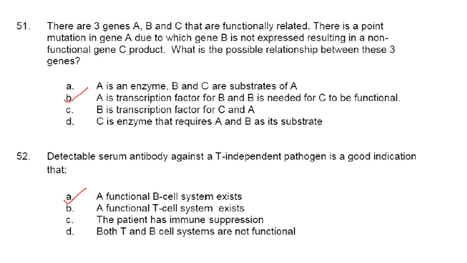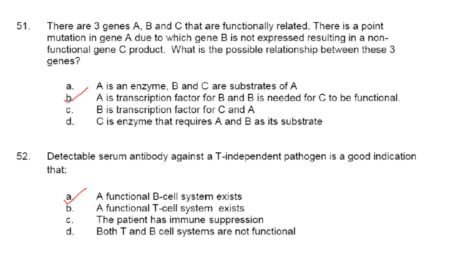A should naturally be a transcription factor for B, and B is needed for the production of C. So the answer is option B, that is A is a transcription factor for B and B is needed for C to be functional.